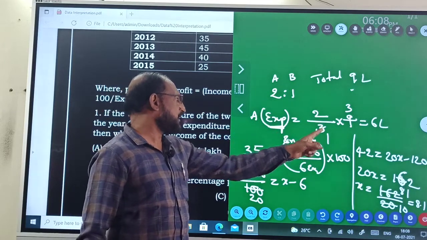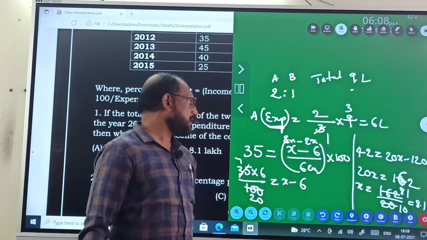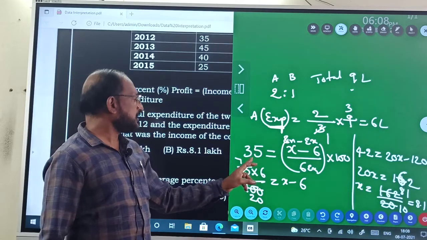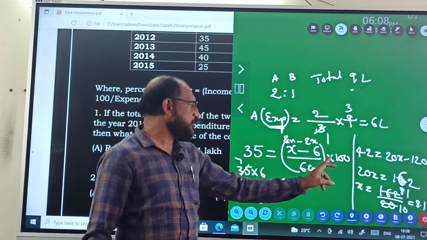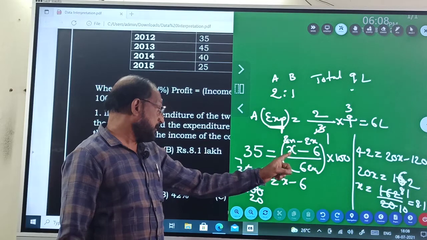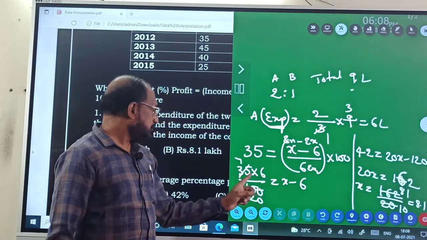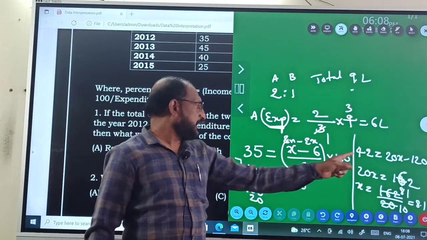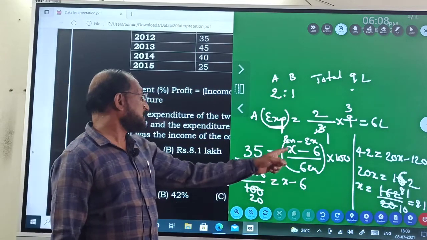A's part divided by the total ratio, into the total expenditure, gives 6 lakh. Applying the profit percentage formula, income minus expenditure by expenditure into 100, we don't know the income, so take it as X. Expenditure is 6 and profit is 35. By cross multiplication we get X as 8.1 lakh, which is the income.